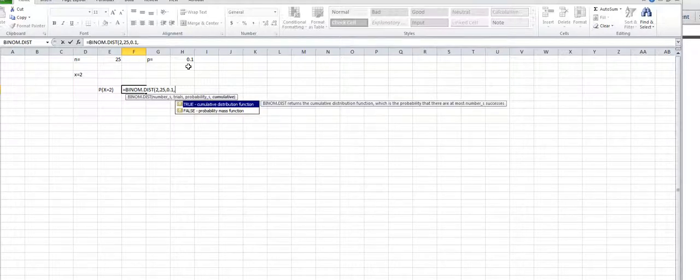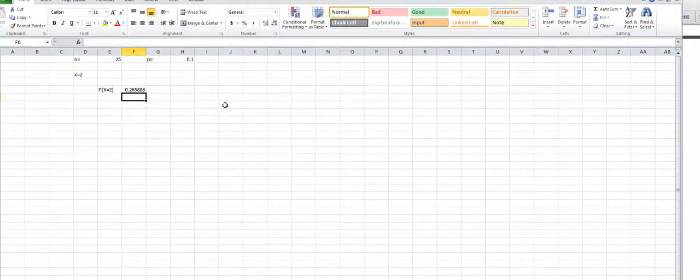In the class I mentioned that we only consider one point probability, that is not the cumulative. The cumulative probability means from the smallest value, which means x equal to 0, to this boundary. So we only consider one point probability. So it is a probability mass function, not a cumulative distribution function. So we just type in false, and close the parentheses. So 0.265888, that is the probability for x equal to 2.